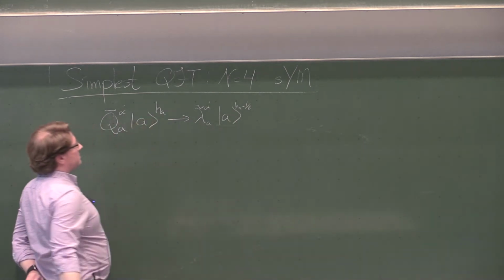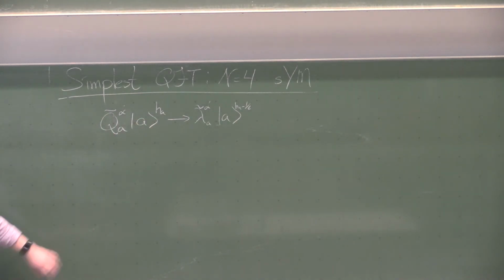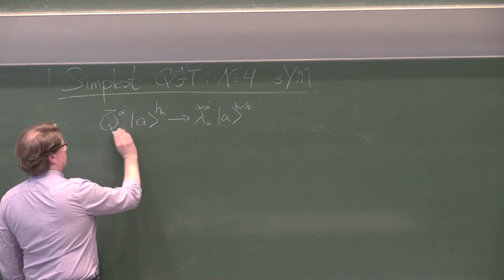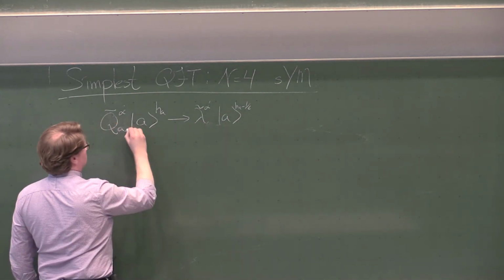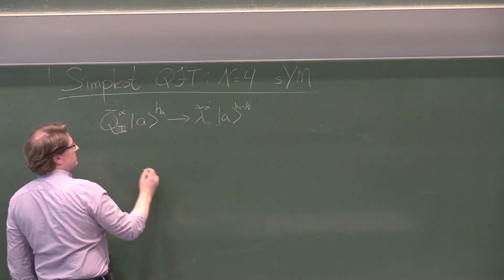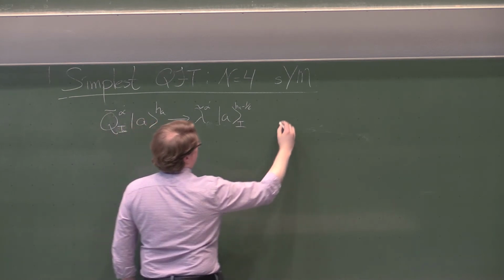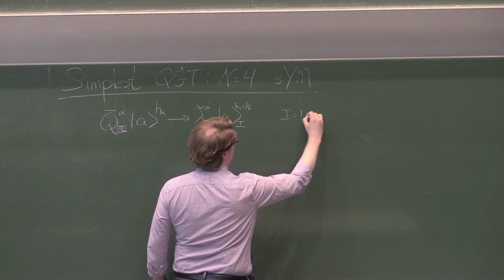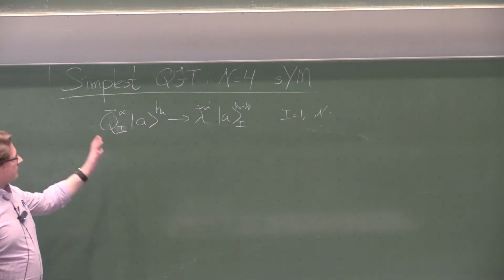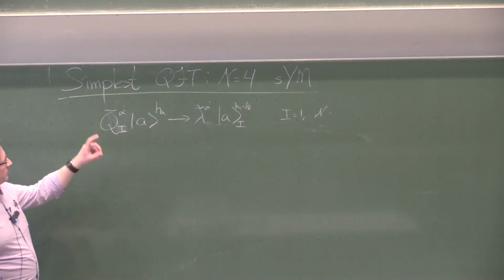This is the standard thing, but if you have N supercharges, there's an extra index I, and I runs from 1 up to N.